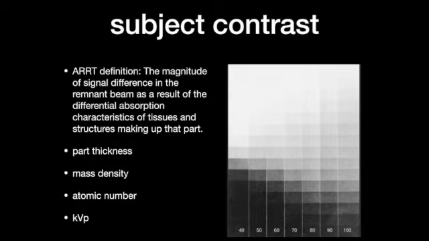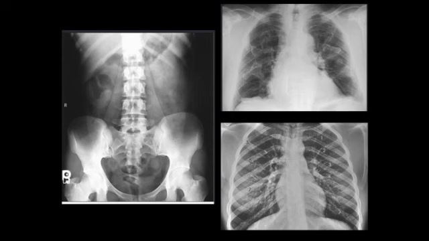Let's look at some examples. I took these pictures right out of Merrill's from the corresponding chapters. So the abdomen X-ray over here, the KUB, is what we would consider low subject contrast. If we look at the top at the chest X-ray versus the bottom rib X-ray, it's basically the same X-ray, right?